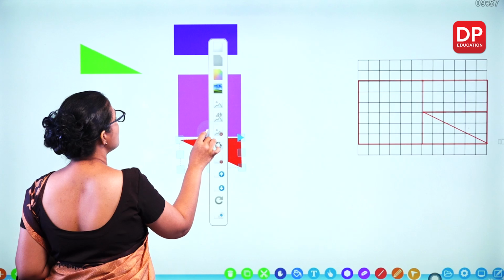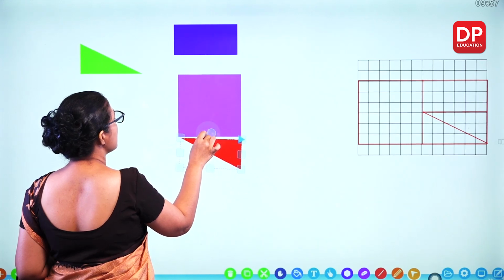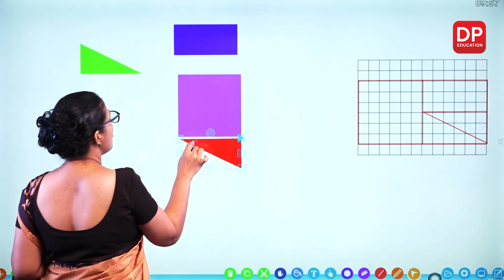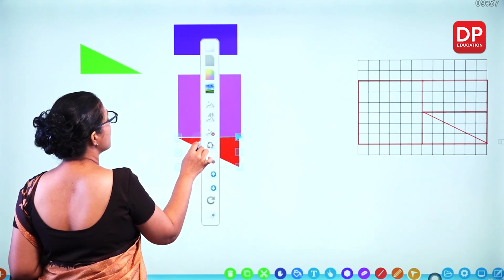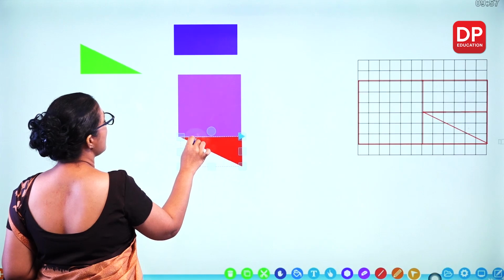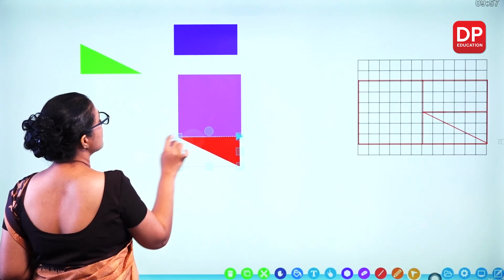So what you have to do, just rotate it and just make compound figures. So you can keep it like that. So that's one.